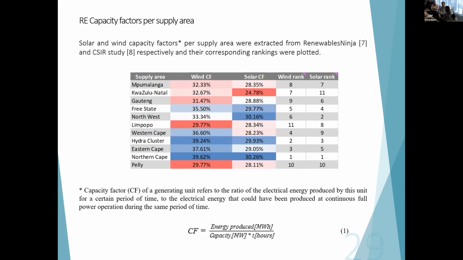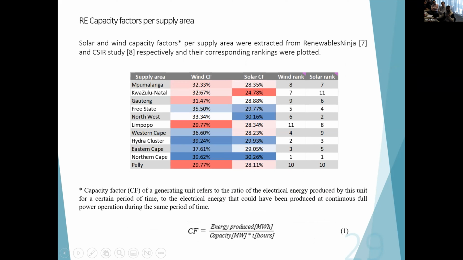And the allocation criteria we have figured is to rank them according to their respective capacity factors. The capacity factors allocated for solar are extracted from Renewables Ninja.